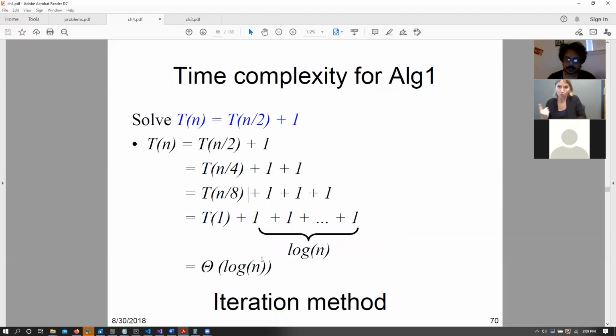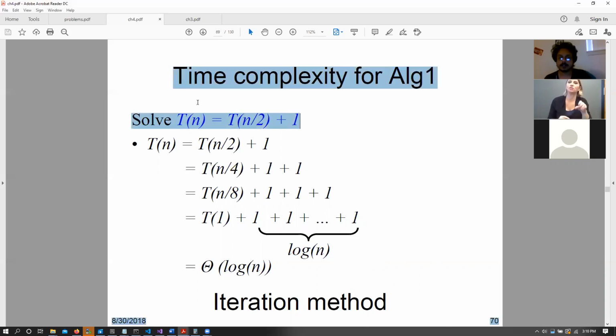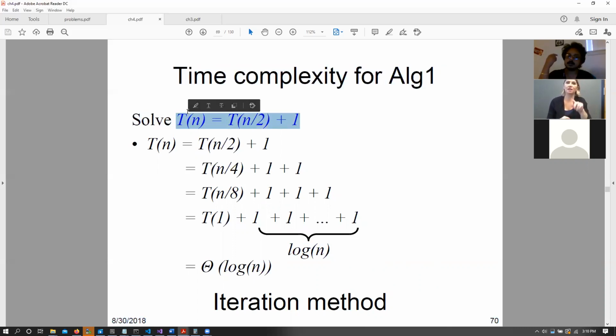So essentially that becomes log n. If we iterate all the way down to T(1), exactly log of 16, right? So all the way down to T(1), we have log n number of ones, because every time we halve n, we are adding 1. So we can say, using the iteration method, that T(n) equals T(n/2) plus 1 results in log n complexity.